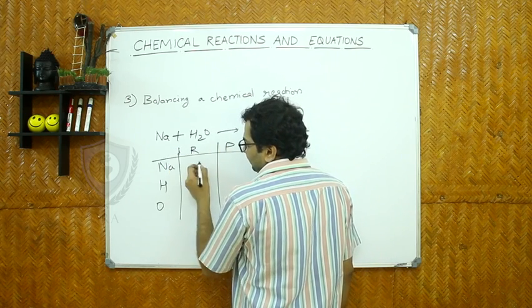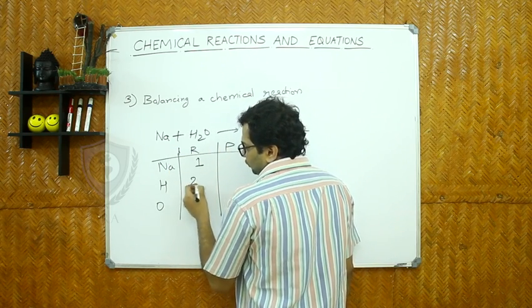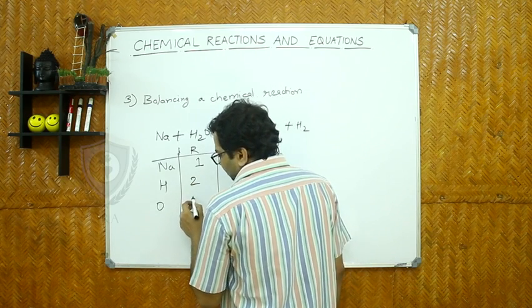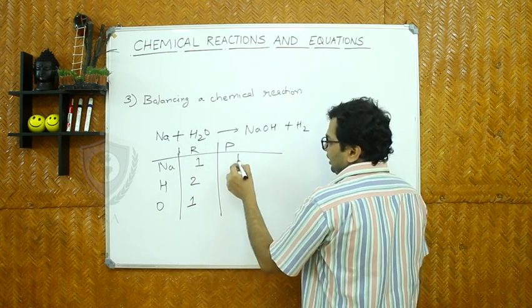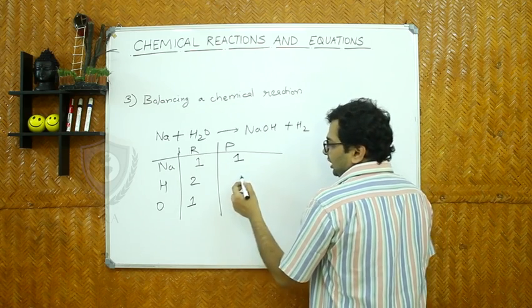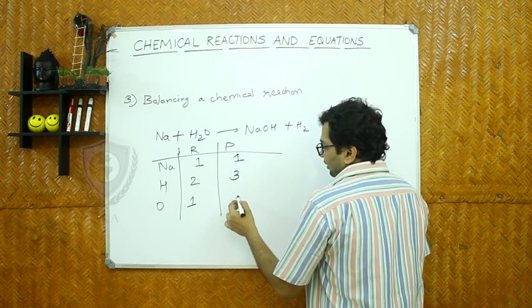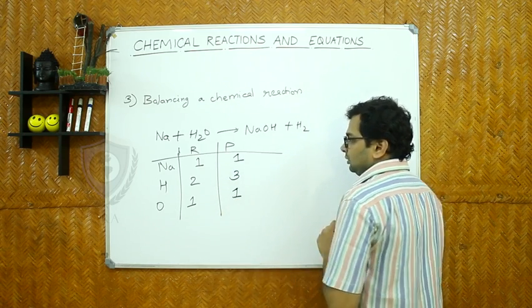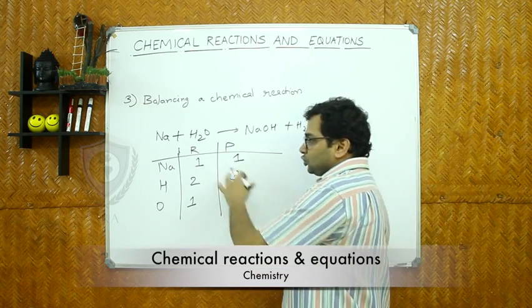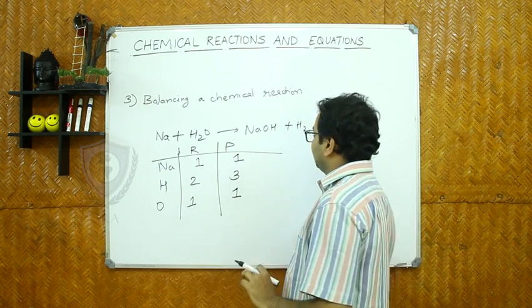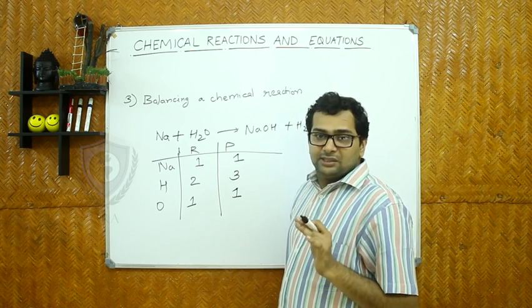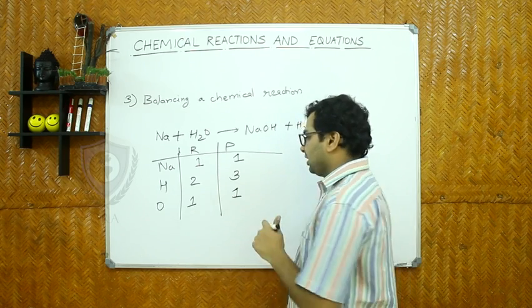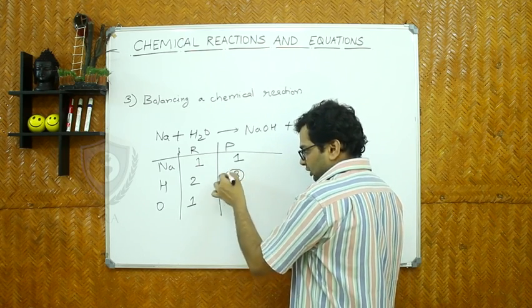On the reactant side we have 1 sodium, 2 hydrogen atoms and 1 oxygen atom. On the product side we have 1 sodium, 3 hydrogen atoms and 1 oxygen atom, right? So we see that sodium and oxygen are balanced. The only thing not balanced in this equation is the number of hydrogen, which is 2 and 3.